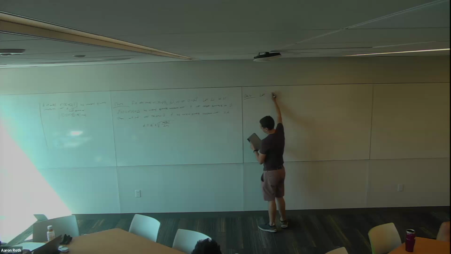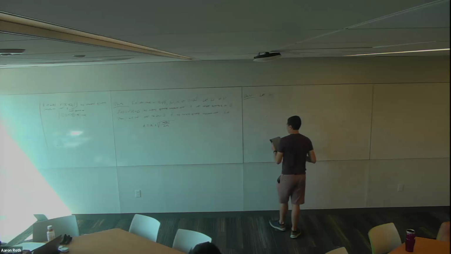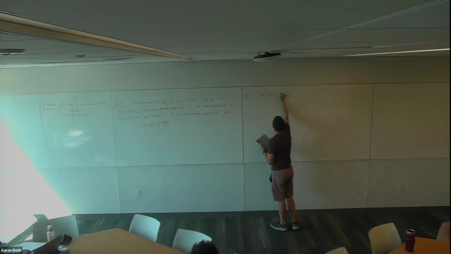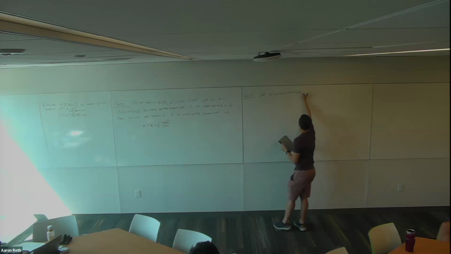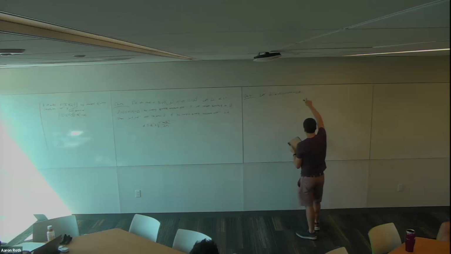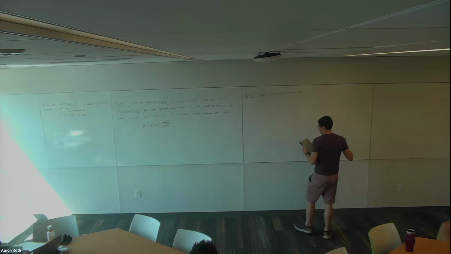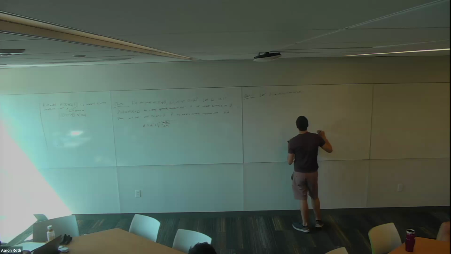Suppose we've got any distribution of data points, and a data set consisting of n points sampled IID.